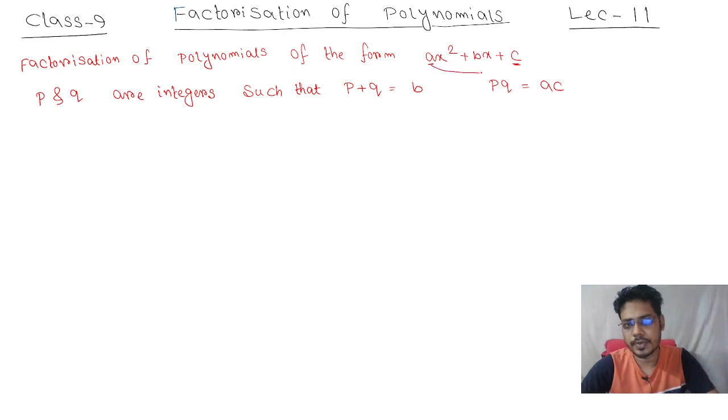So I have to multiply this first and do it in this way, so that the product of p and q will be a into c and the sum will be b.